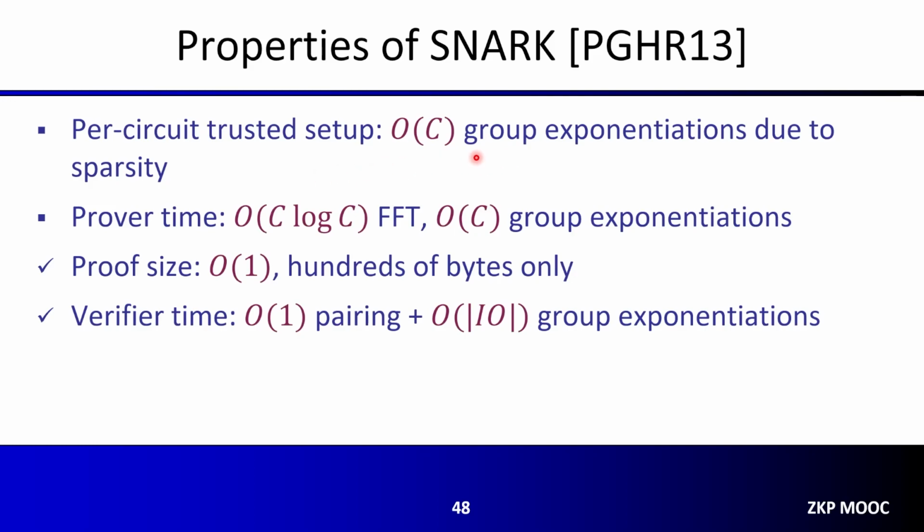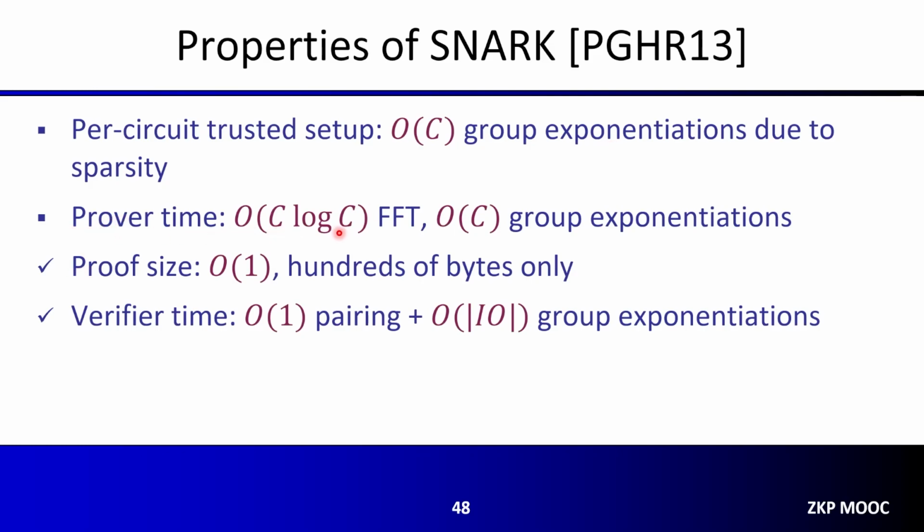And if you still remember the big table for these selector polynomials, technically speaking, the total size is quadratic, but there is a sparse representation because of the sparsity of the matrix, sparsity of the table. So because of that, there is an efficient algorithm to generate all of these public parameters in linear time, in terms of group exponentiations, in the size of the circuit.